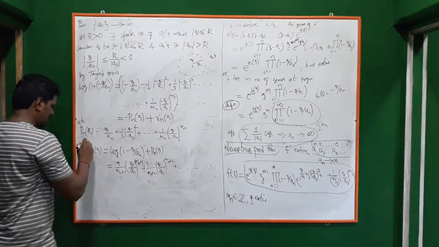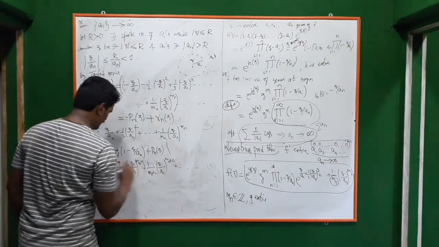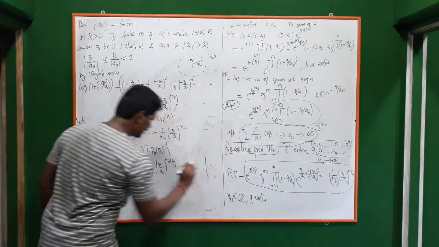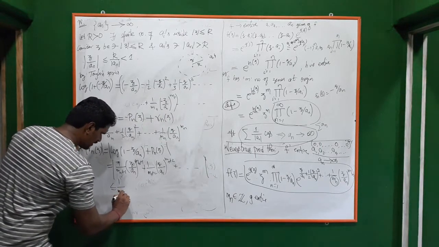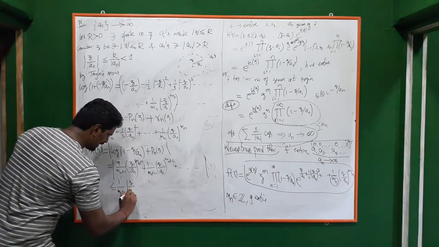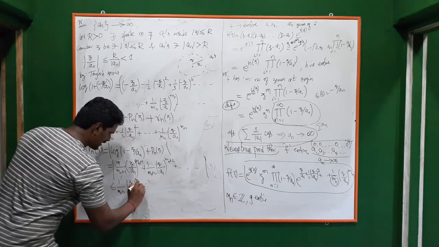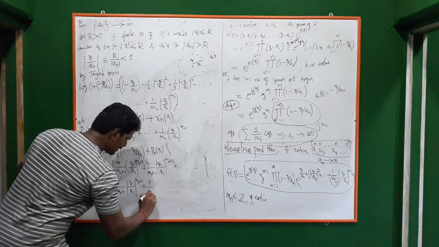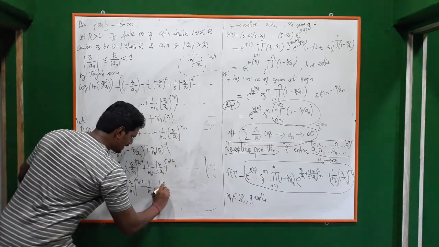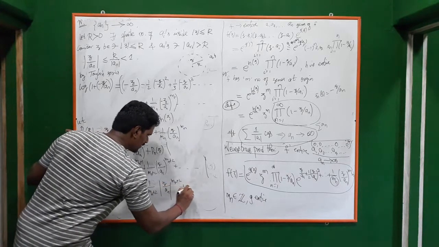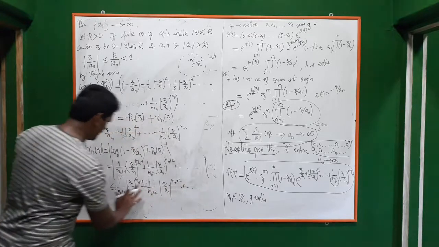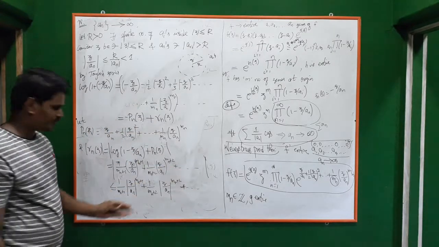Consider the modulus of that, which is less than or equal to (1/(m_n+1))|z/a_n|^(m_n+1) plus (1/(m_n+2))|z/a_n|^(m_n+2) plus and so on. In all the terms the same thing appears, infinitely many terms.